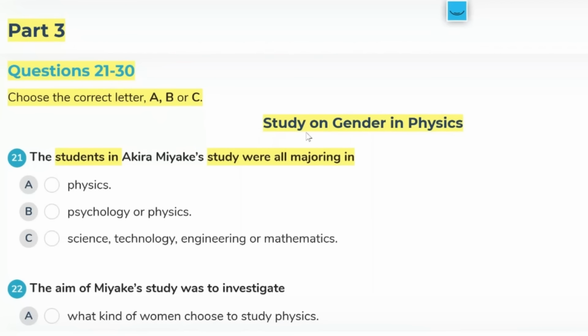They weren't actually majoring in physics, they were majoring in what's known as the STEM disciplines. That's science, technology, engineering and math. Yes, but they were all doing physics courses as part of their studies. That's correct.